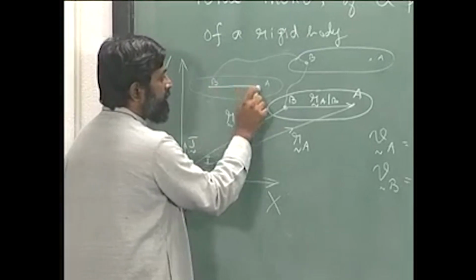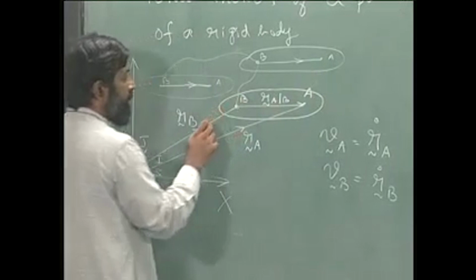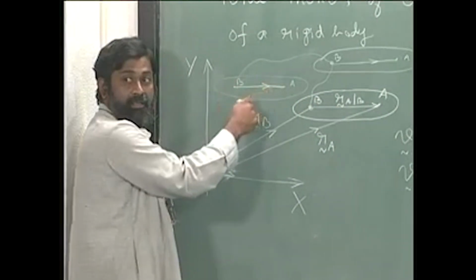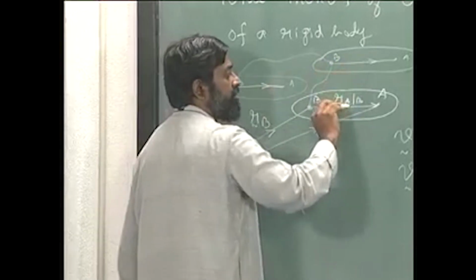What do you see as this vector? Remember, this vector is not like a position vector. Is this vector the same as this vector, is the same as this vector?